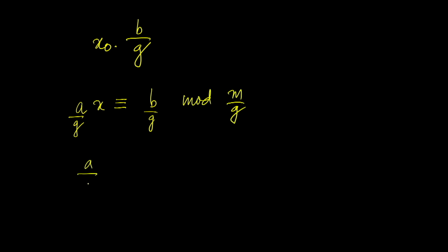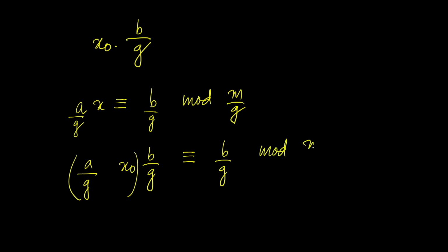So we find that A by g times x naught times b by g is congruent to, since x naught is a solution of A by g x congruent to 1 mod M by g, A by g times x naught is 1 mod M by g. So this is b by g mod M by g.